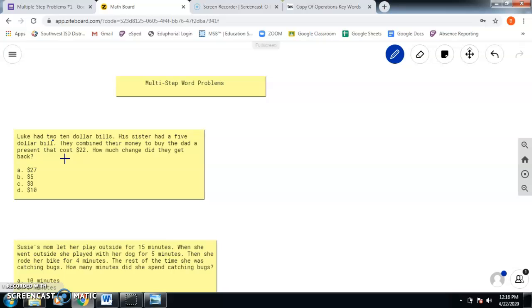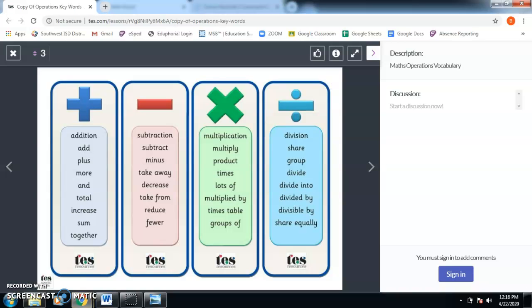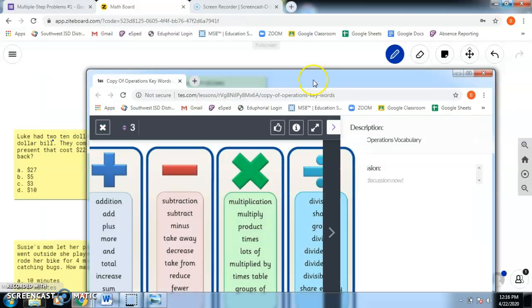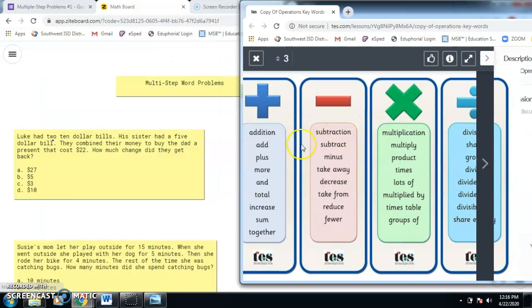Okay, so now the second time around, I want us to keep some of these keywords in our mind, okay? We're looking here at addition and subtraction, okay? So Luke had 2 $10 bills. One thing I want us to do when we're reading this is I want us to underline important information and circle important numbers, okay?